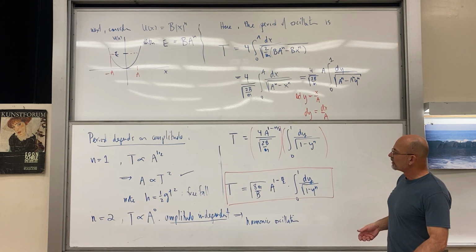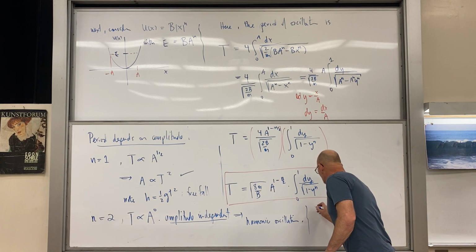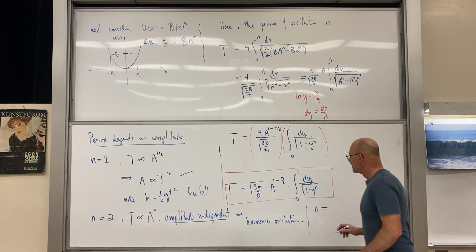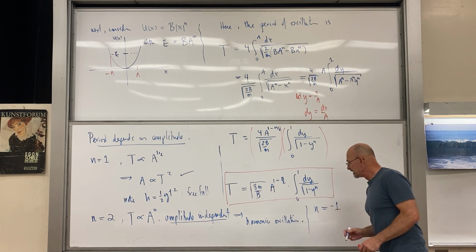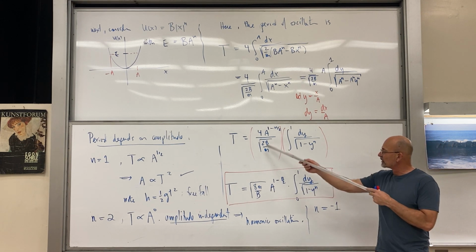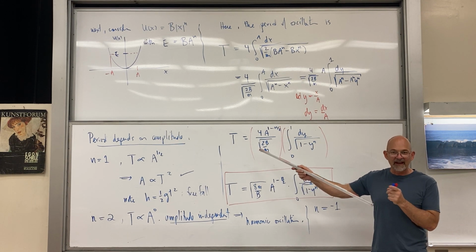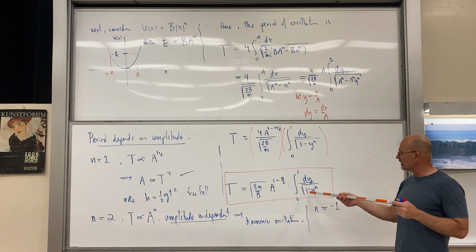So the third one I want to mention, n is equal to -1. Now, strictly speaking, for n equals -1, we have to monkey around with these constants a bit. We're going to do that next to get a consistent result.